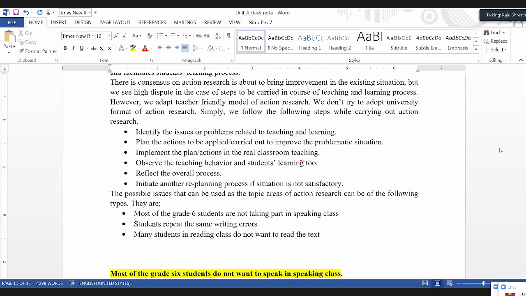So यहाँ के बुझ्न पर्यो भने यो नलेख्नु होला, यो नोट मात्रै हो है बुझाइको लागि. So any issue to be called a suitable topic for action research should have the following characteristics.